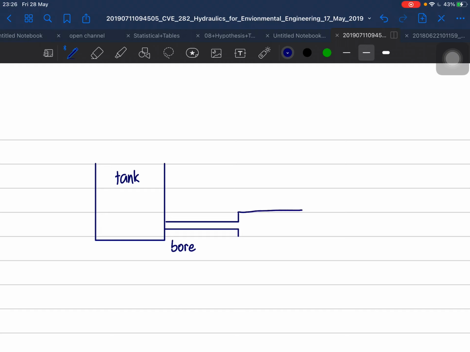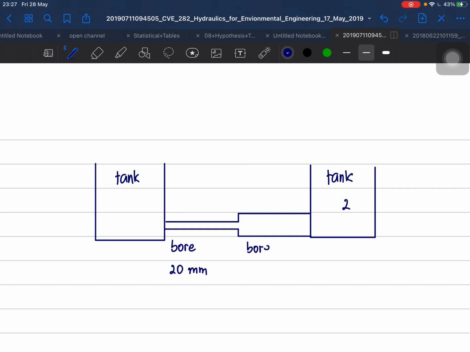And then there's the sudden enlargement. And then there's tank number 2. Why does my tank look like a blob of bricks put together? Tank 2. This is also a bore of 20 millimeter. This is a bore of 60 millimeter in diameter. Okay, tank 1.